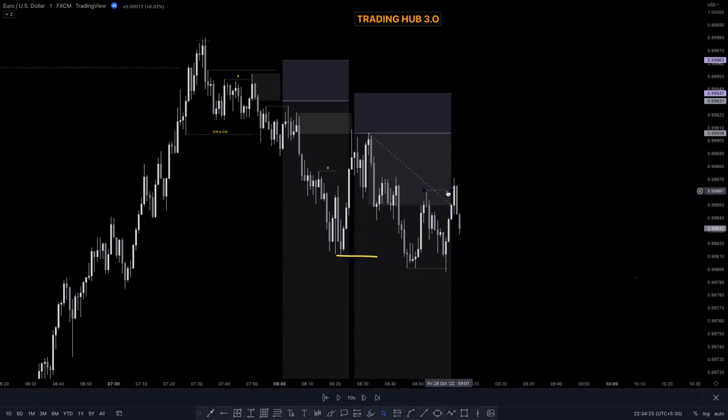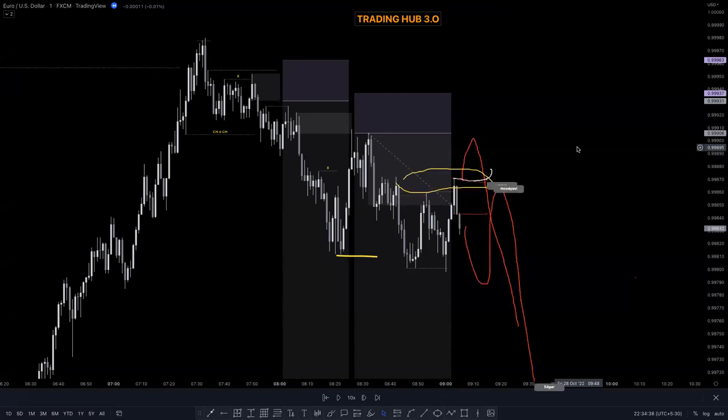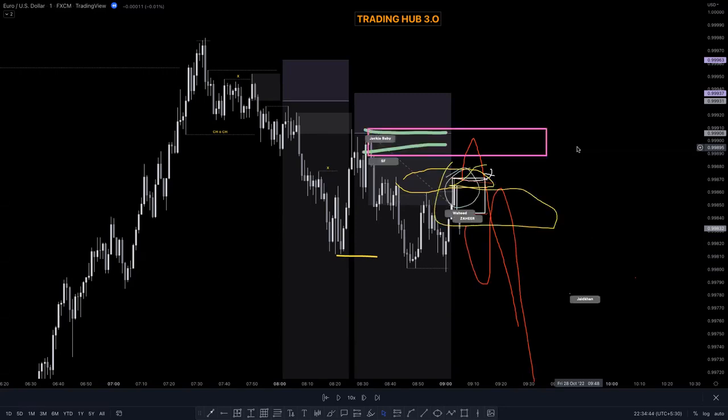And now when can we sell? Everyone, where is our high probability entry for the sell?